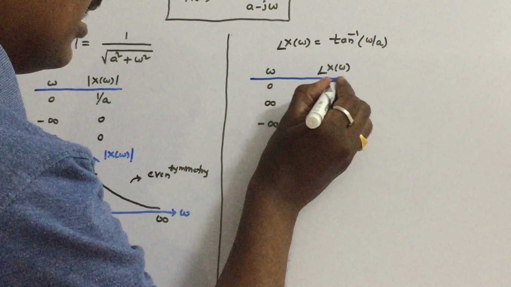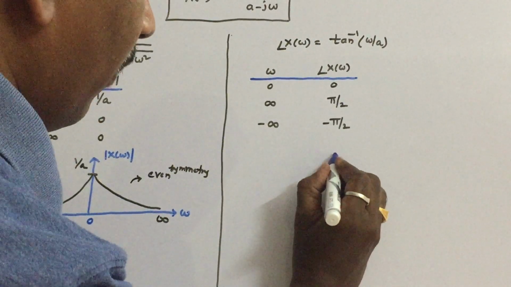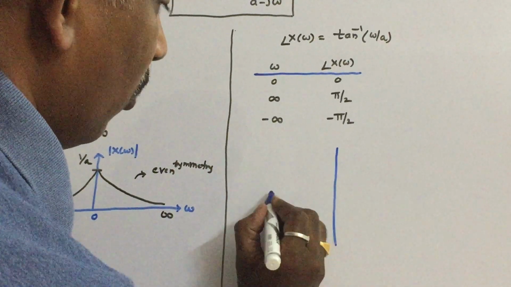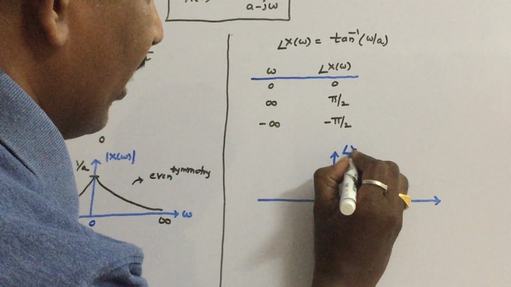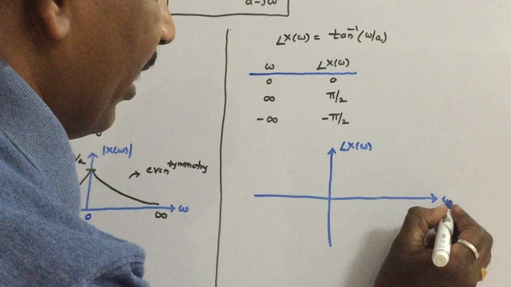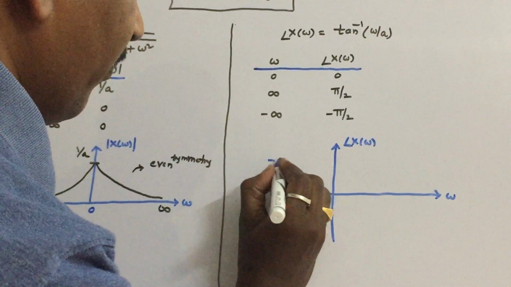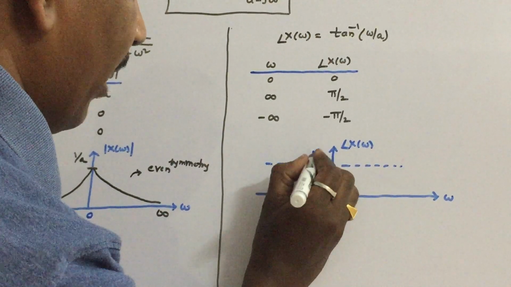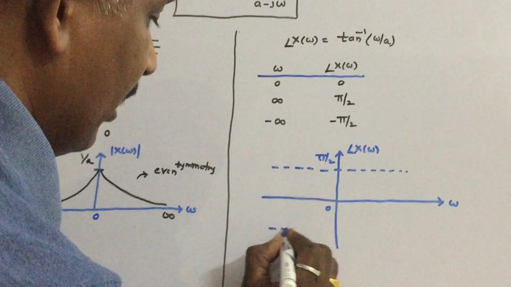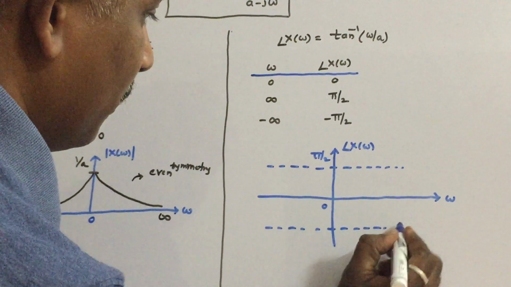Based on this, just plot the phase spectrum. Remember, this axis is angle of x of omega versus omega. Just like in the previous class I said, just plot two lines, at pi by 2 angle and at minus pi by 2 angle.